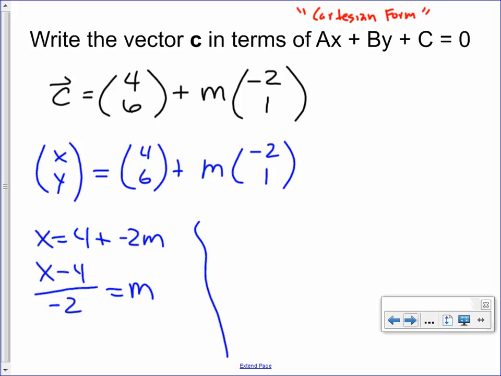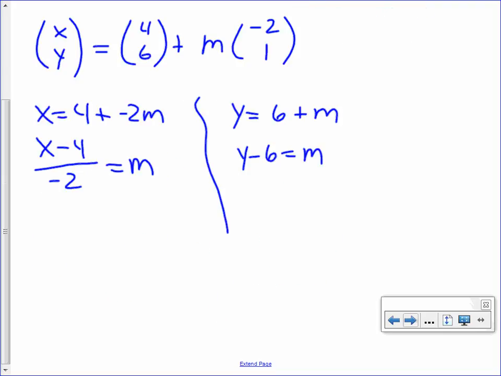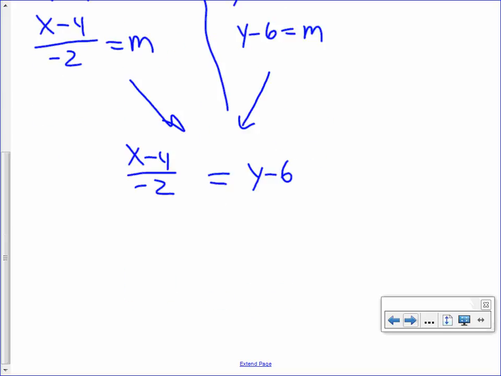The y component is equal to 6 plus m. So y minus 6 is equal to m. Now what? They're not equal to each other. So, bringing these two together, you have (x minus 4) over negative 2 is equal to y minus 6.